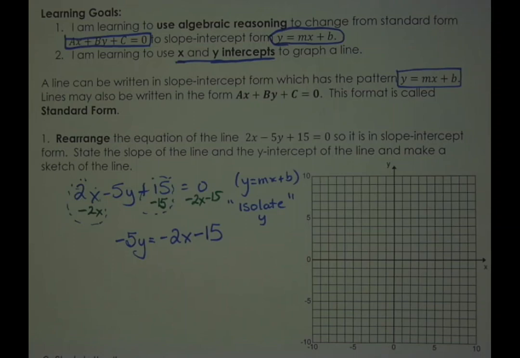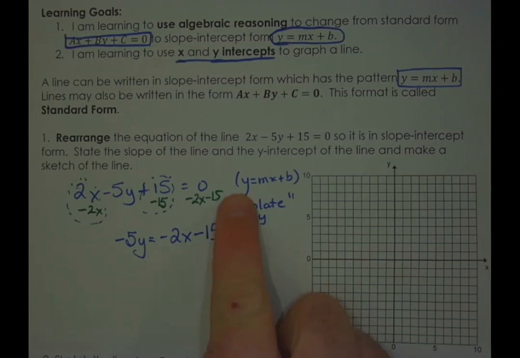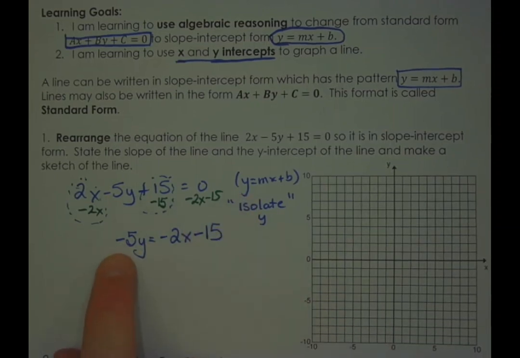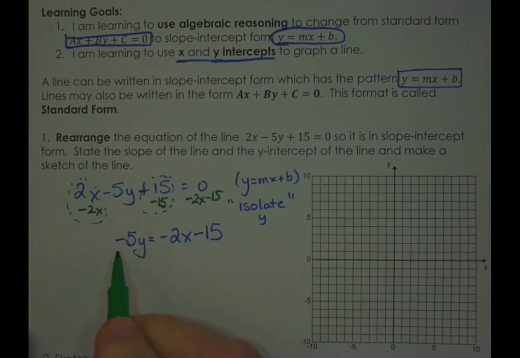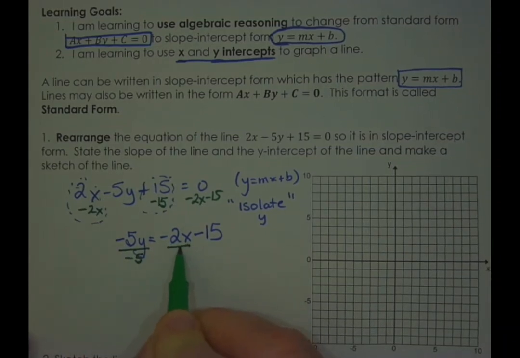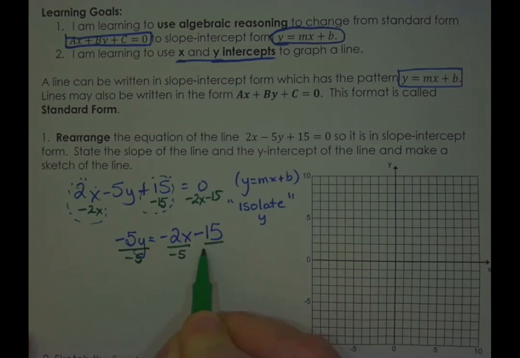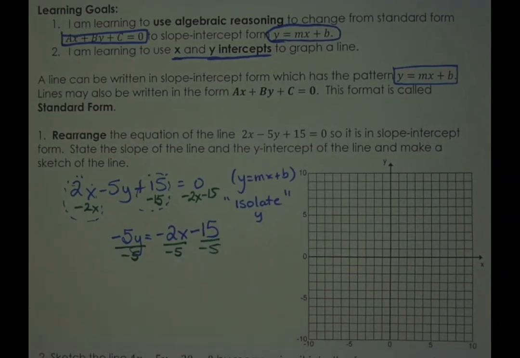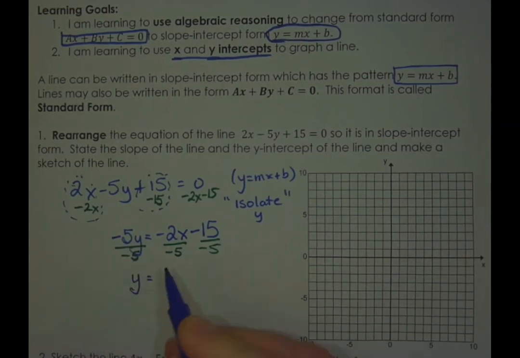Now what we have to do is we need to get y by itself. Well, we have to ask our question, what is negative 5 doing to y? And if you said it's multiplying, you're right. That means I need to divide everything on both sides by negative 5. Then I can say, well, negative 5 divided by negative 5, that's y.